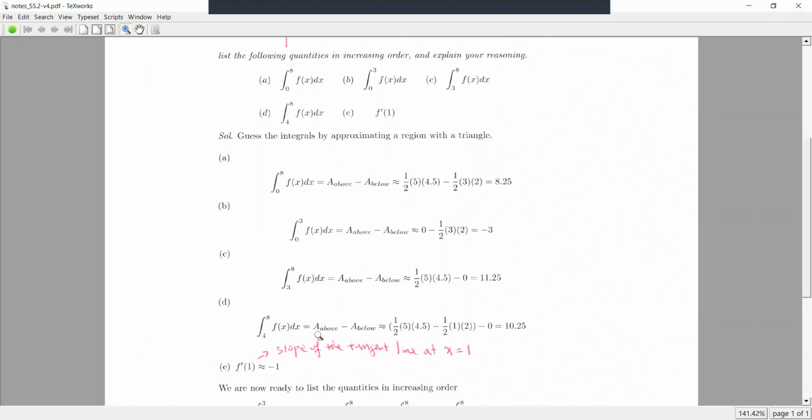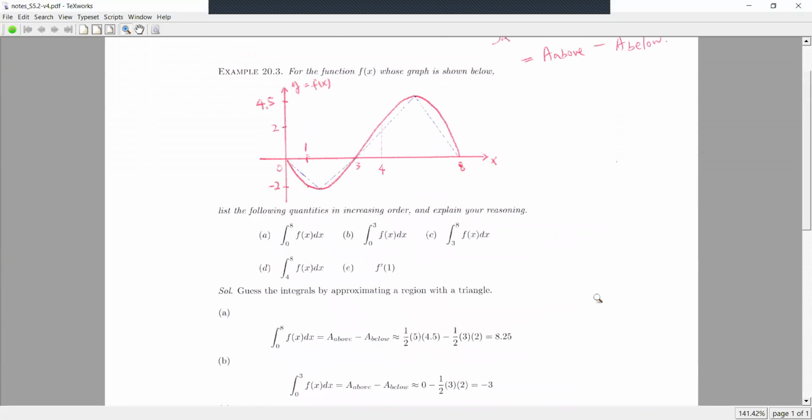Now, how to find the area above the x-axis? The area above the x-axis is the area between 4 and 8. Yeah, this area. Then how to get this area?